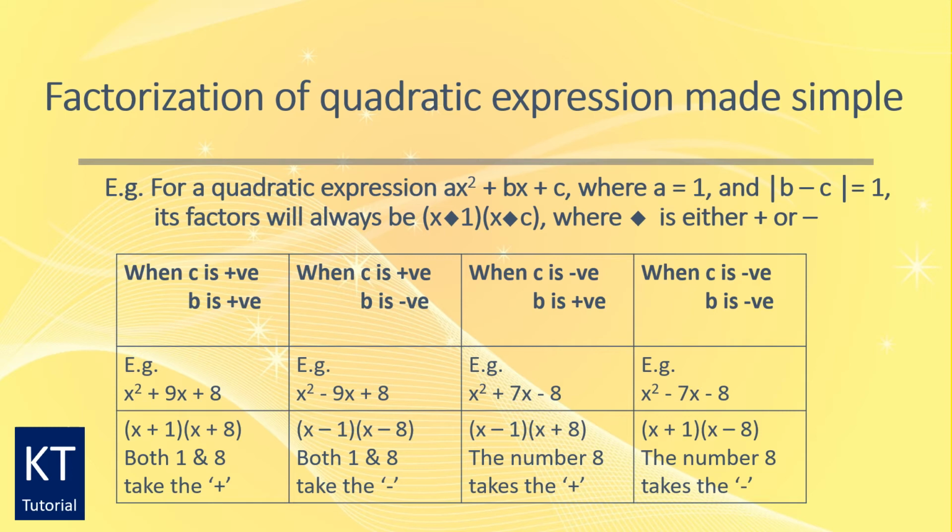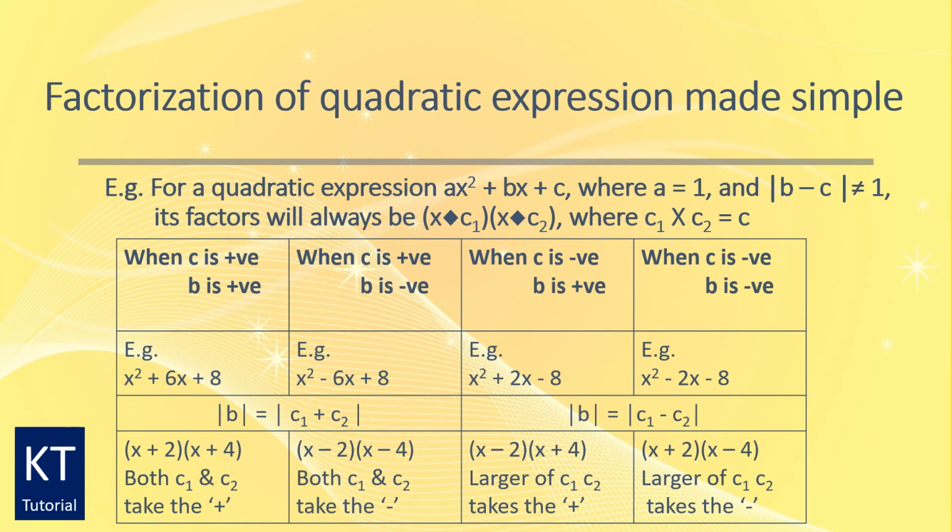In column 2, when c is positive and b is negative, both the 1 and 8 will take the symbol of negative. In column 3, when c is negative and b is positive, only the larger number, which in this case is 8, takes the symbol of positive. And in column 4, when c is negative and b is negative, only the larger number, which in this case is 8, takes the symbol of negative.